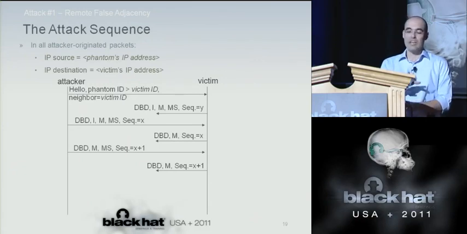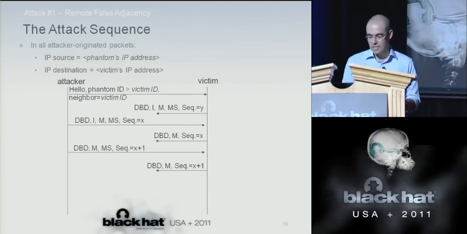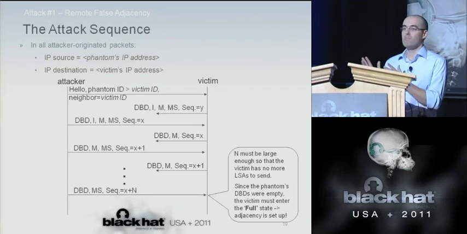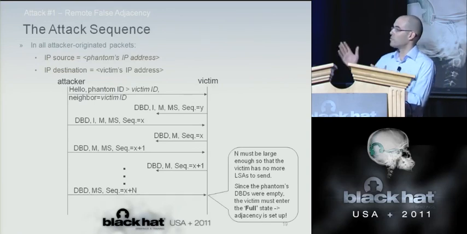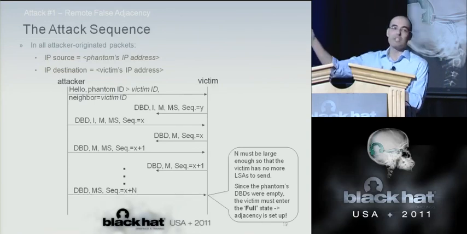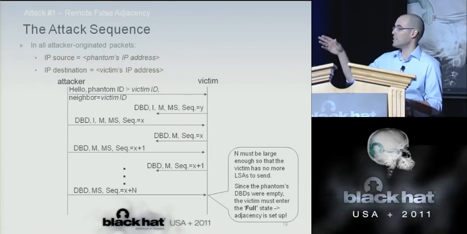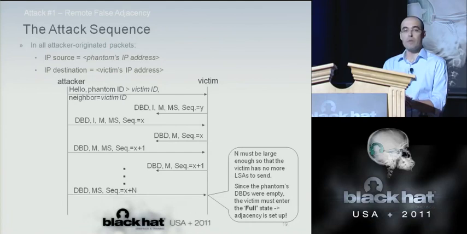But again, this upper bound doesn't have to be precise. Let's say this upper bound, the number of database descriptions sent by the attacker, is n. So he sends out the last database description packet.